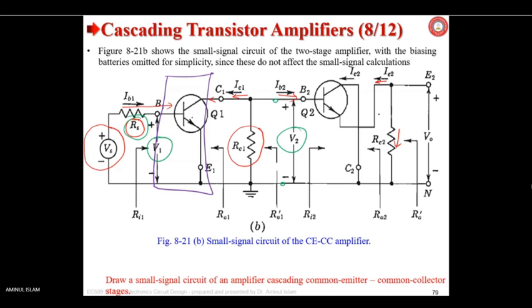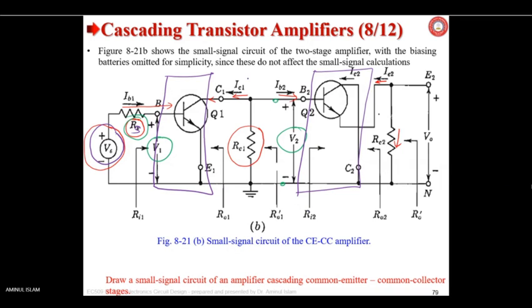So for this, what is the source resistance? The source is VS here, and its resistance is RS here. That is the source resistance for Q1. What is the source resistance of Q2?